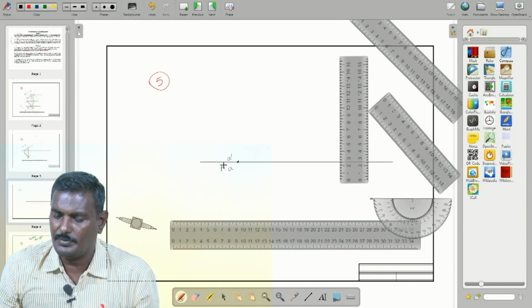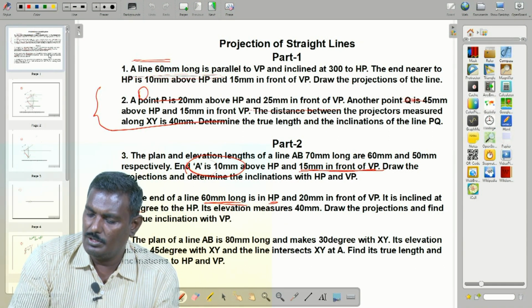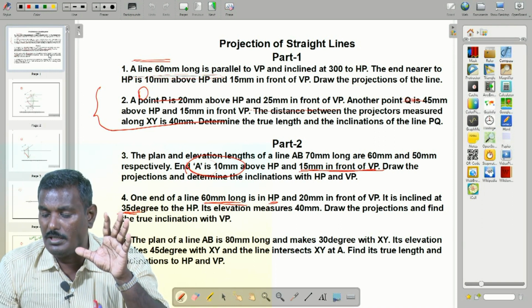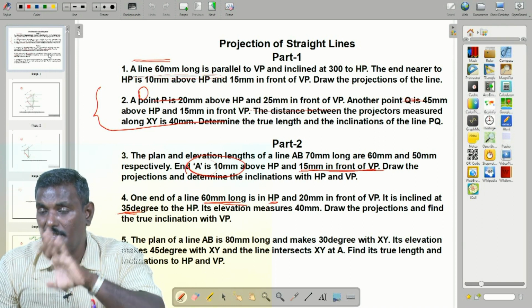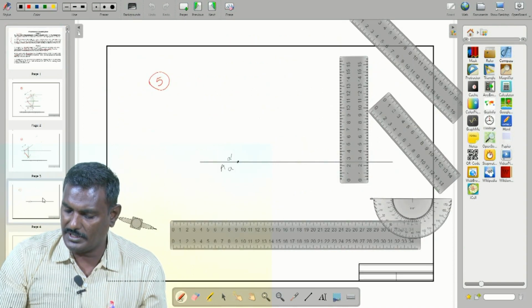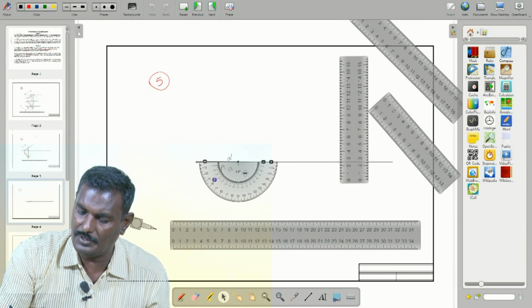So, that is trace. Then what is stated here: plan 80 mm long makes 30 degree with XY. So, now we take the protractor and place it over here.